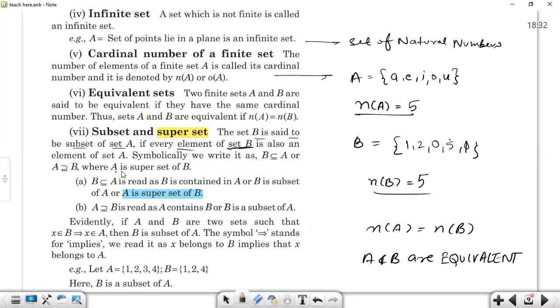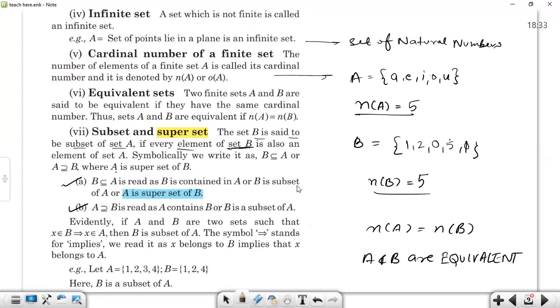It is also the case that when B is the subset of set A, then A is the superset of B, like a father. So please read this and read this. Wherever the mouth of the symbol is open towards, that will be the superset.